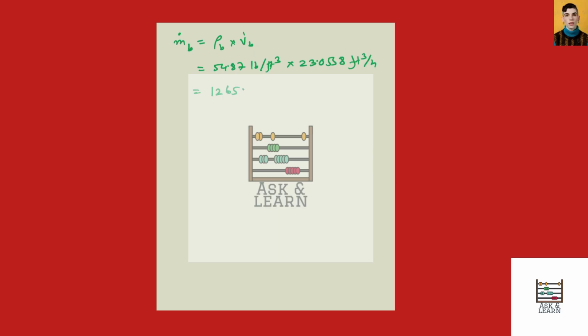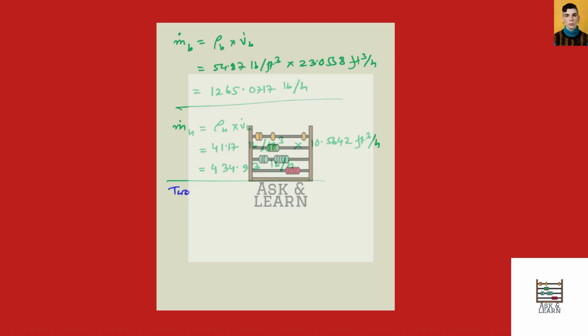Therefore, the mass feed rate of benzene is 1265.0717 pound per hour, and similarly the mass feed rate of hexane, the density is 41.17 pound per feet cube, and the volumetric feed rate is 10.5642 feet cube per hour, which gives us 434.93 pound per hour, which is the mass feed rate of hexane.